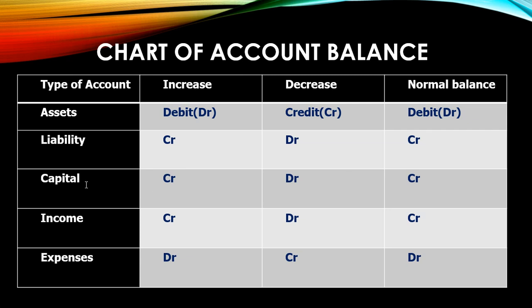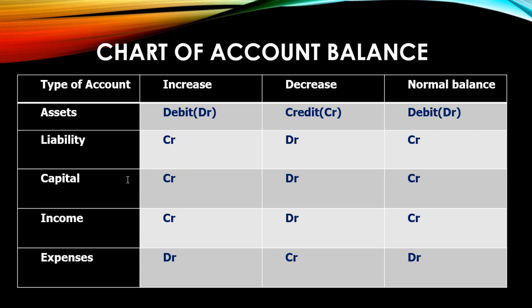Then capital. Usually capital has a credit balance because if you introduce capital in business, you are introducing it in the form of assets, in the form of cash at hand or cash at bank. So if you are introducing capital through bank, it means that you are going to credit the capital and debit bank.